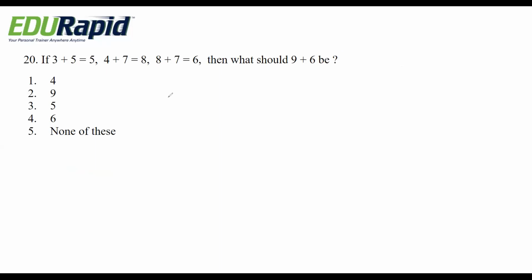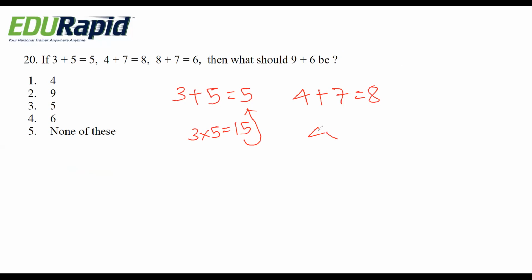So here also you have to do the trial and error method. 3 plus 5 equals 5. So let me go with the multiplication. 3 fives are 15, so the last digit is 5, I think. Let me check with the second one. 4 plus 7 equals 8. 4 sevens are 28. Yes.